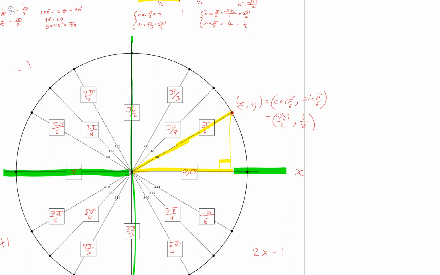Now let's finish off the cosine and sine for each of the angles. That is the x and y coordinates on the unit circle. So we look right here, pi over 4. What was the cosine and sine of pi over 4? Well, it was root 2 over 2 for both cases.